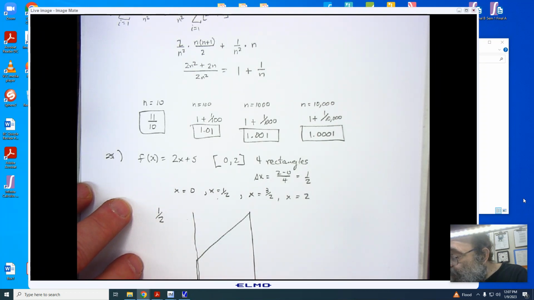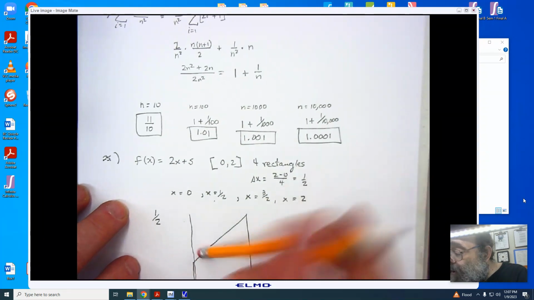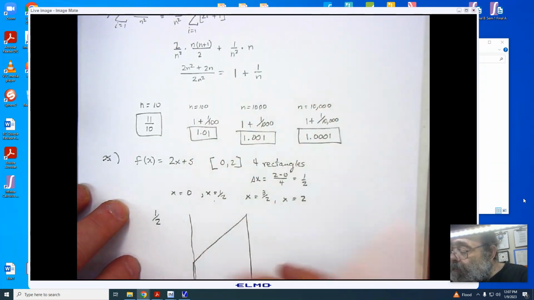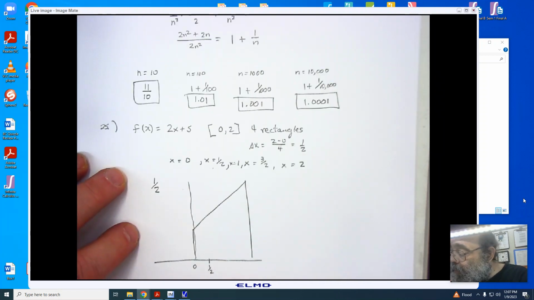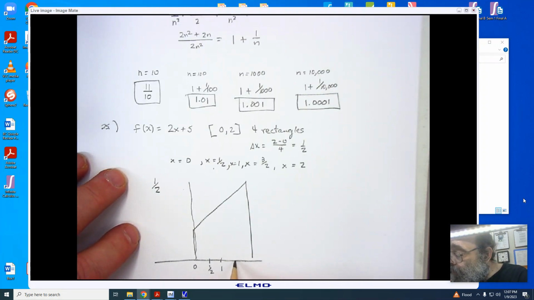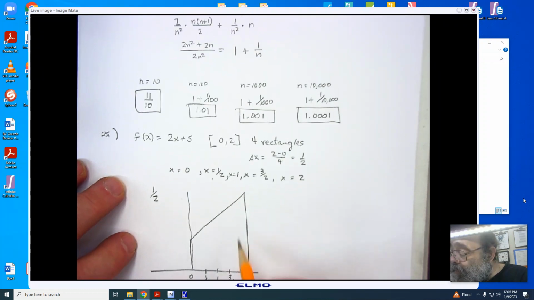0, 1/2, up. There's a 1 missing. x equals 1, 3 halves, and 2.